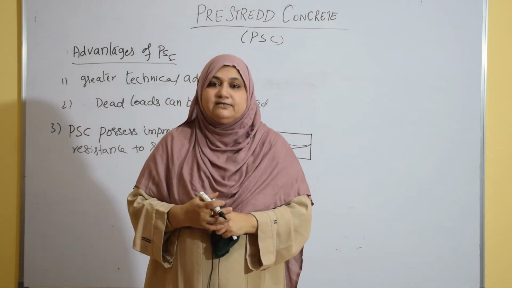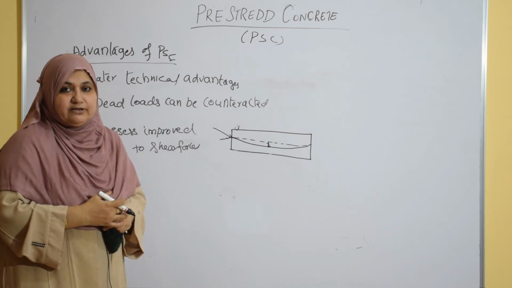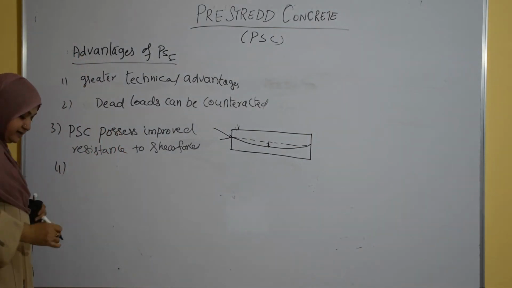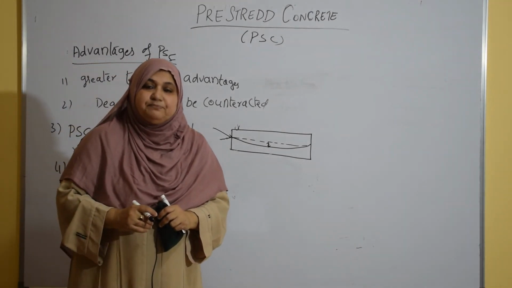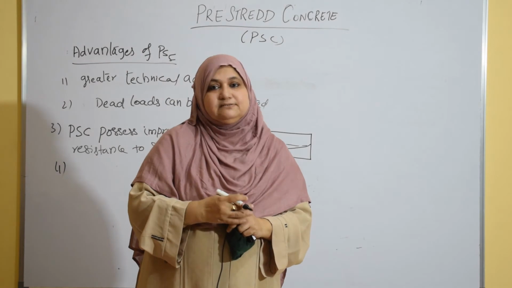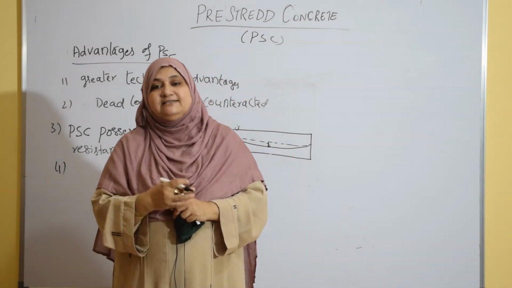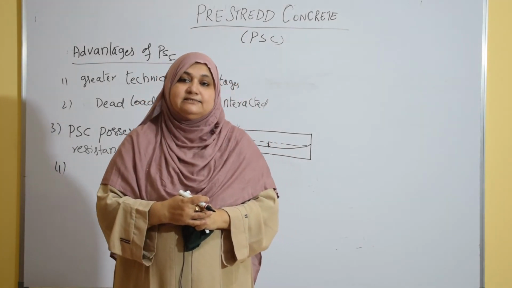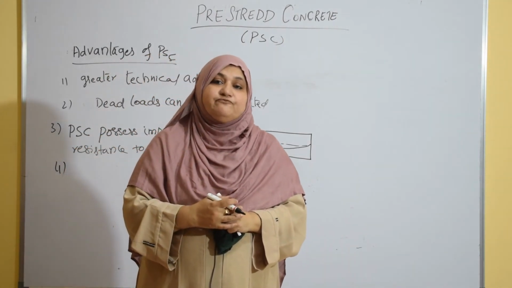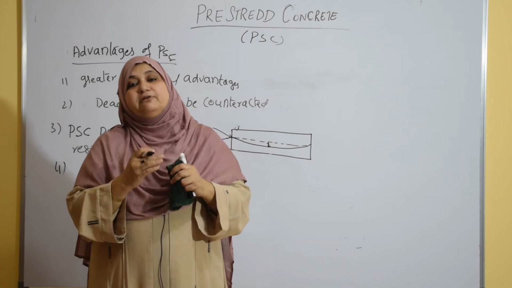The fourth advantage is the use of high strength concrete and steel. The use of high strength concrete and high strength steel in a pre-stressed member results in lighter and slender members. You can check in RCC also: when you use a grade of steel 415 and when you use a grade of 550, then obviously the member will be thin.